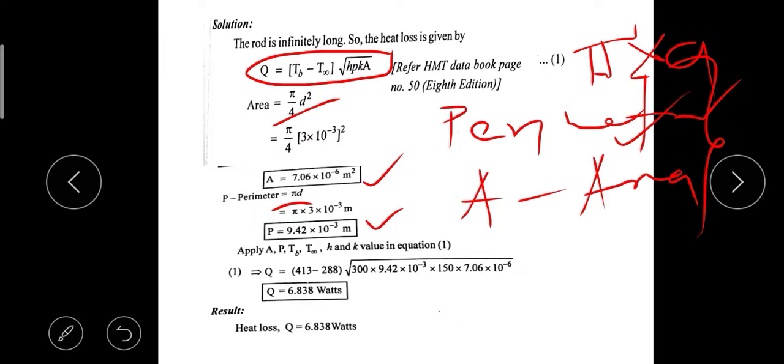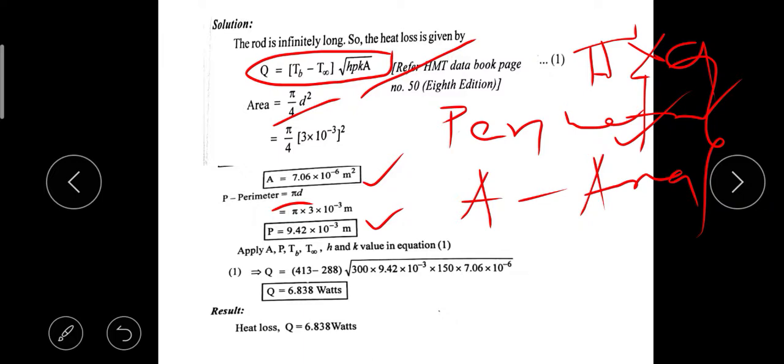Now you have to apply all the values in the equation Q equals (Tb minus T infinity) into root of hPkA. So it is an infinitely long fin. In this formula we know all the values. Tb, the base temperature, is given in our sum.